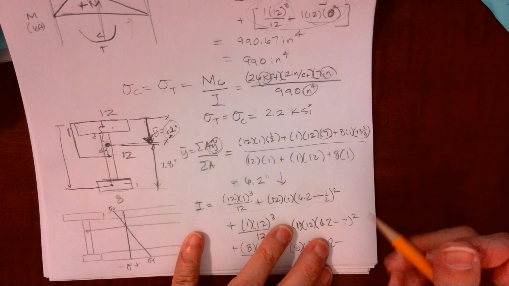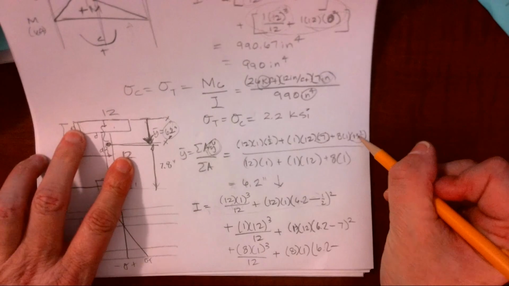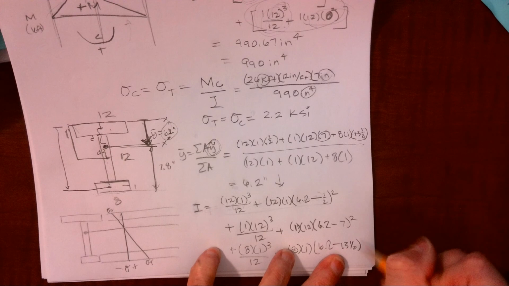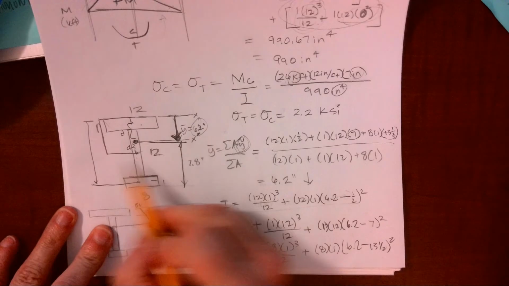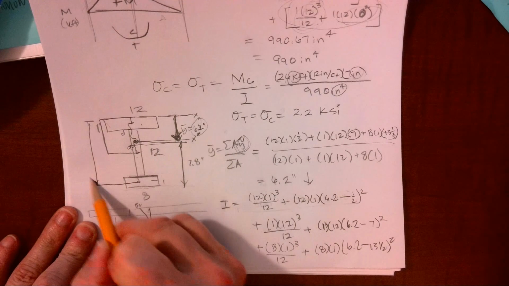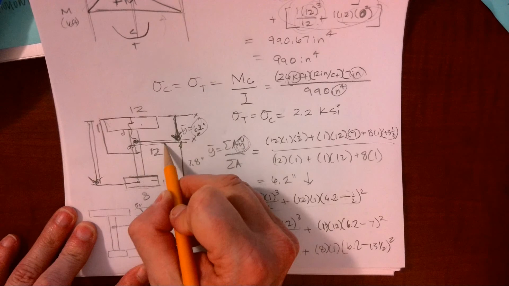How did I go from 12, 13, okay, that's right, 13.5 squared. And if I notice, if I take the 6.2 and then I subtract from it this distance, I end up with, again, the distance in between.